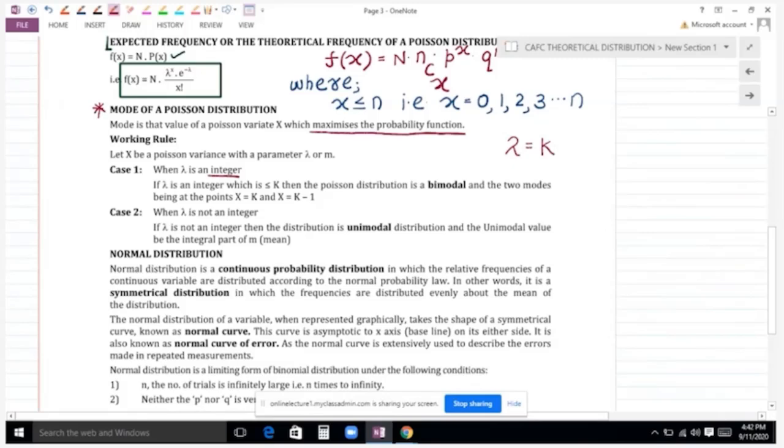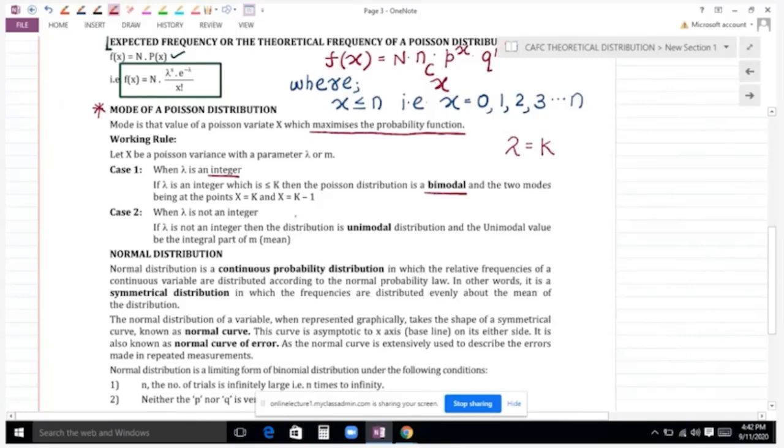So in that case, the given Poisson distribution is considered to be a bimodal distribution. Why is it called a bimodal distribution? Because in such situations there exist two values of mode, which we get at two different points.